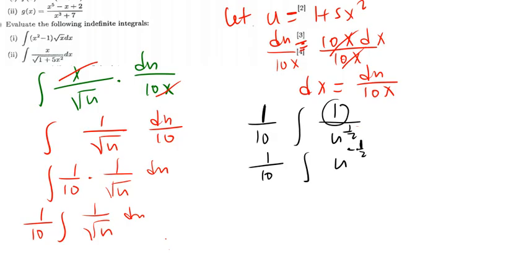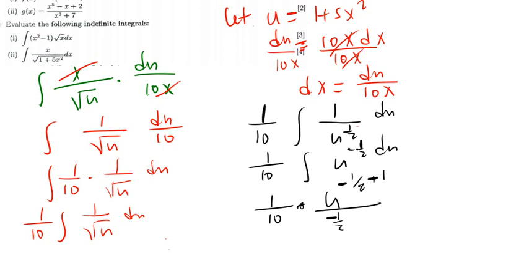Now I can integrate. So let's not forget that we have got du. Keep on bringing du because we're trying to integrate using u. So 1 divided by 10, now I'll integrate times u, then the power is increasing by 1, you divide it with the same thing. So you divide it with negative 1 over 2 plus 1, of which you don't forget to put c, the constant. So what is 1 plus that? It should be 1 over 2.